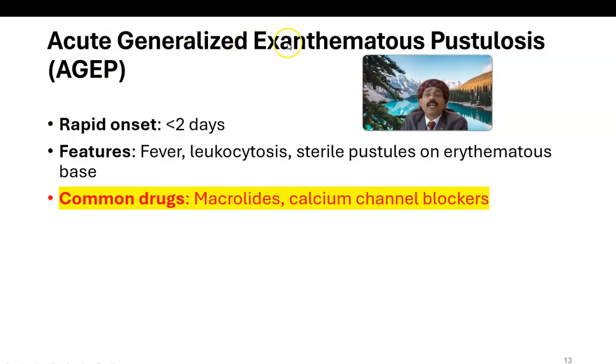Acute generalized exanthematous pustulosis: rapid onset, less than 2 days. Features: fever, leukocytosis, sterile pustules, and erythematous phase. Common drugs: macrolides like erythromycin, azithromycin, calcium channel blockers like nifedipine.